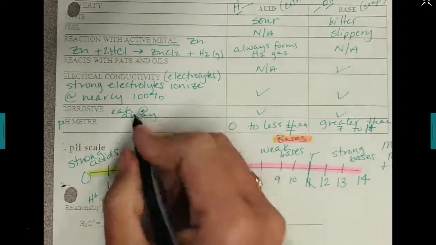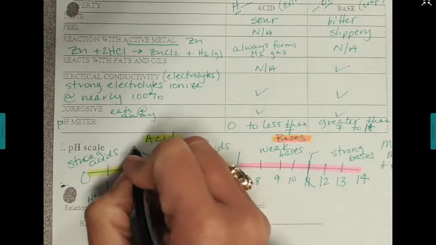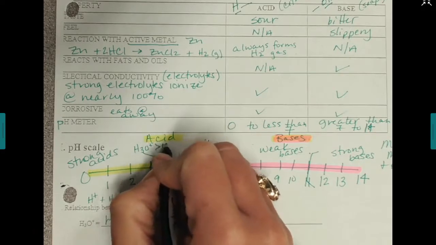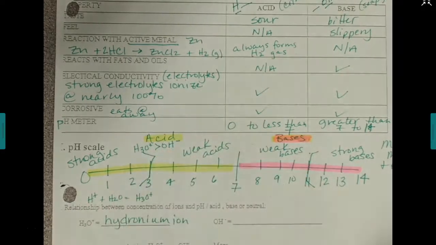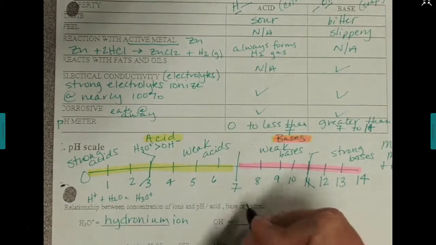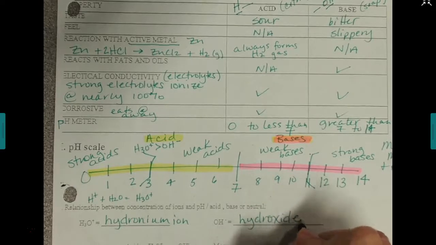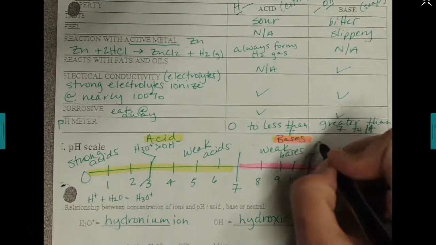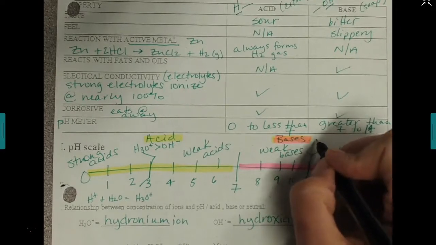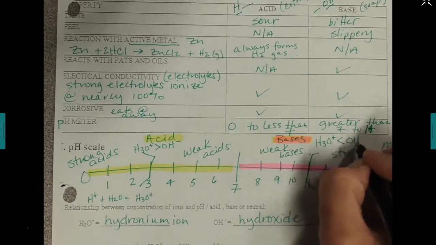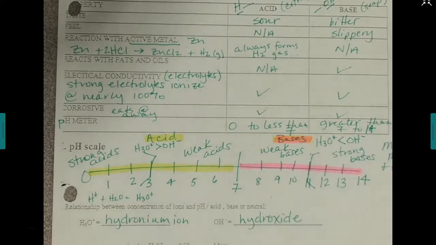So acids have a greater hydronium concentration than hydroxide concentration. OH minus is hydroxide. And of course, the hydronium concentration will be less than the hydroxide concentration on the bases.